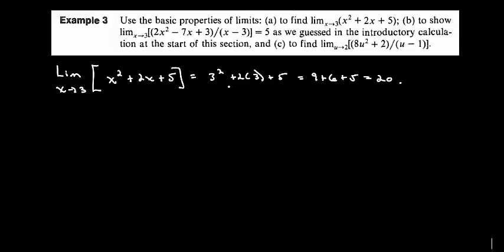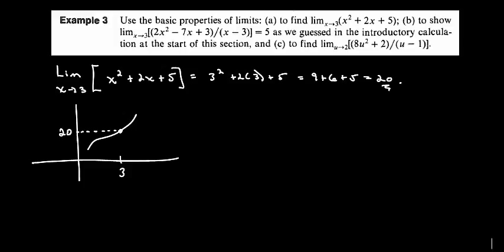Now, that's not finding the limit. Although it does give us the limiting value, it does give us the correct answer, it's the wrong idea behind it. What we've done is we've taken a function at 3 and we've noticed that its exact height value at 3 is 20.